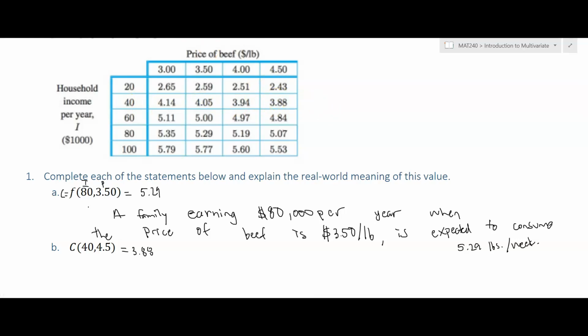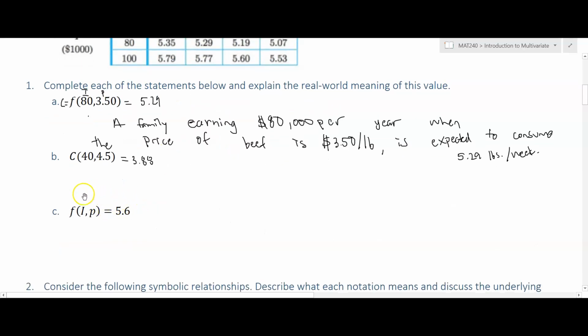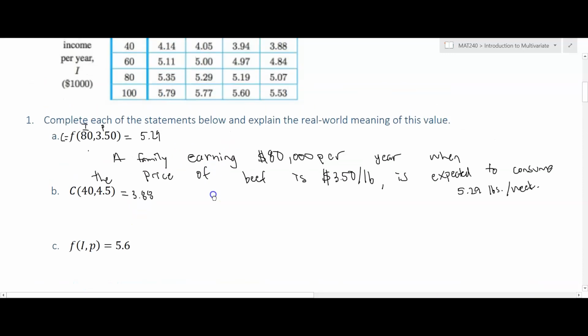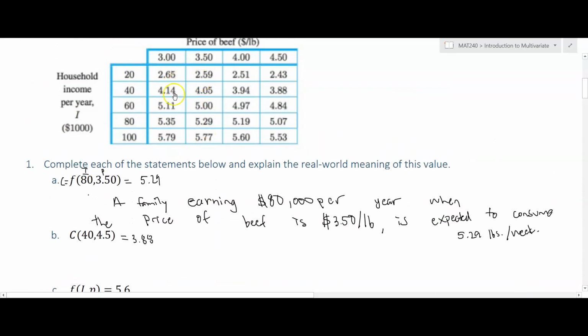We can also ask questions about for what pairs of income and price is the consumption 5.6 pounds per week. So if I look in this table and I look for 5.6, I see that, there it is.